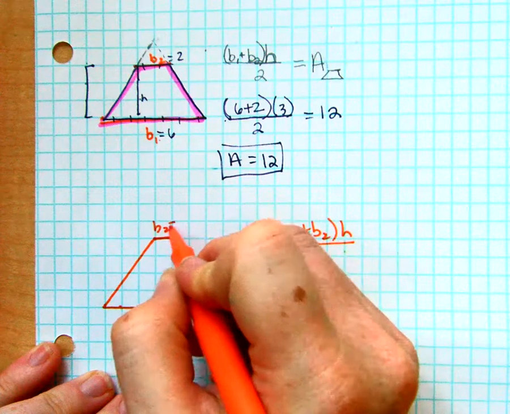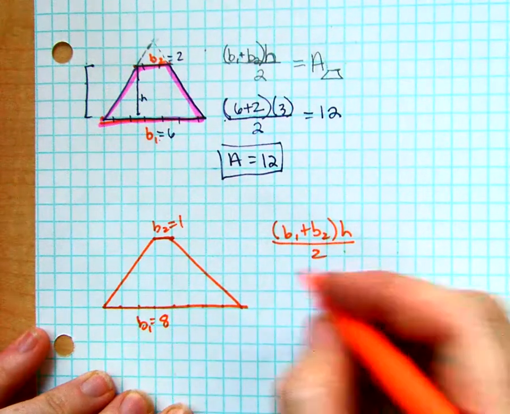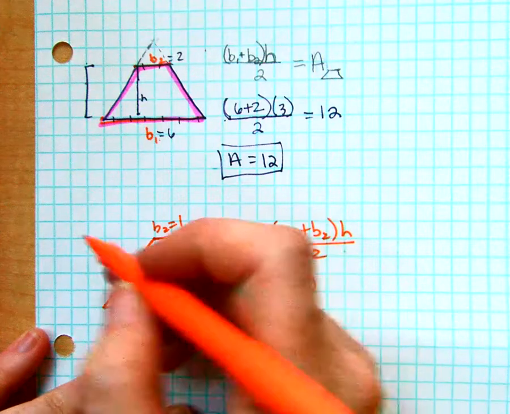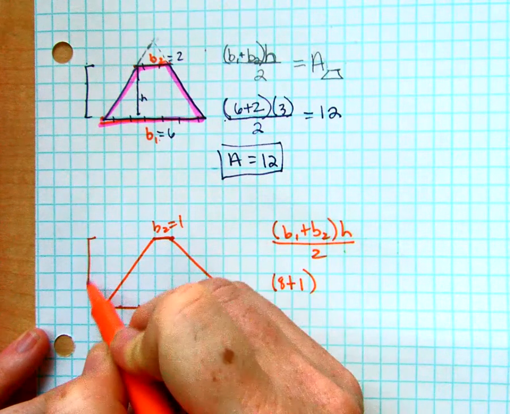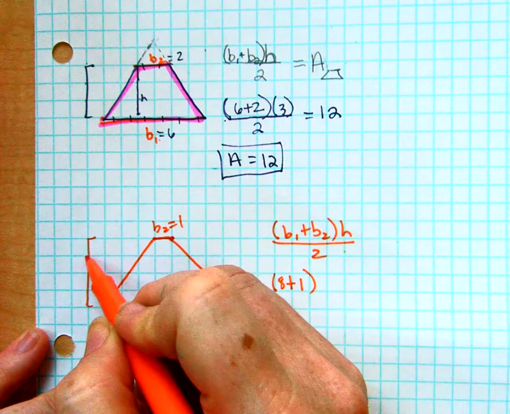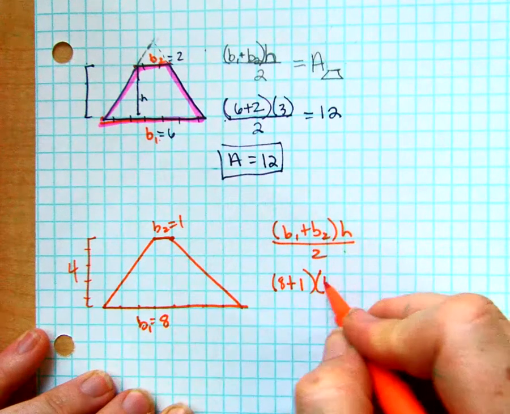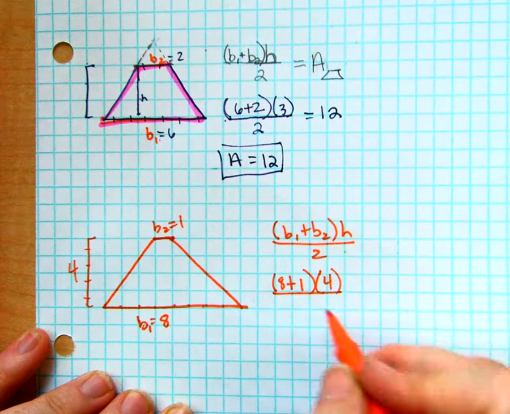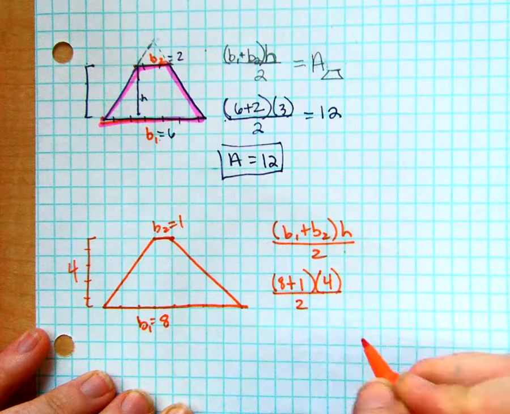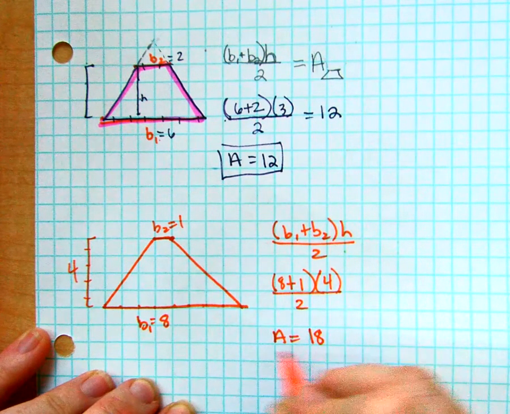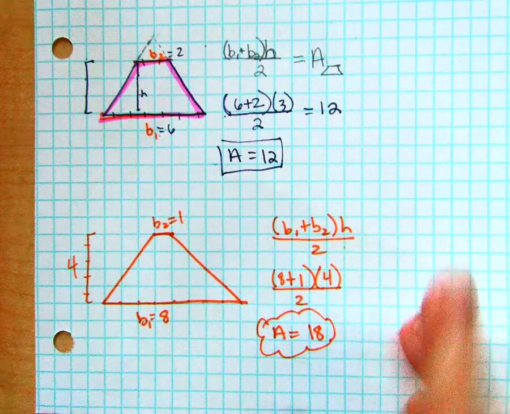And base 2 would be 1. So we would do 8 plus 1 is 9. And then we would look at the height of this. 1, 2, 3, 4. The height is 4. So 9 times 4 is 36. And then we would divide 36 by 2, and we would get that the area is 18. Okay, I hope that helps.